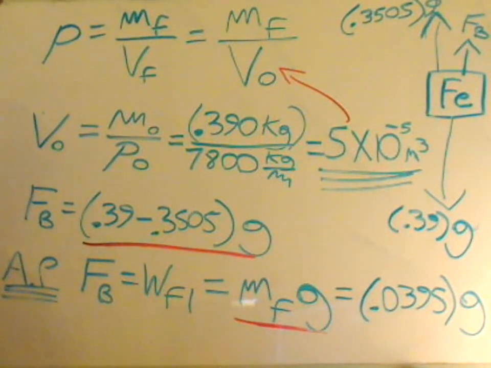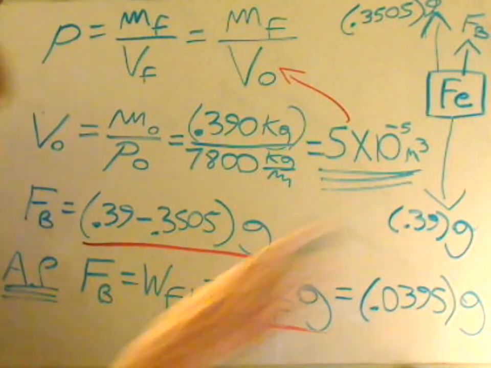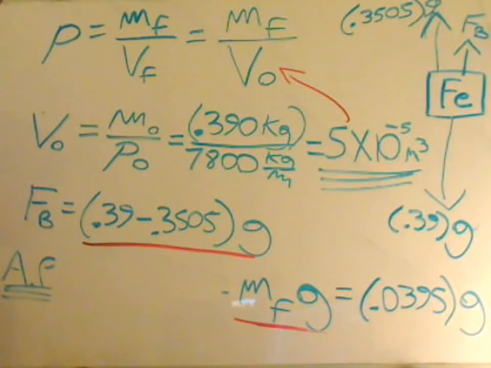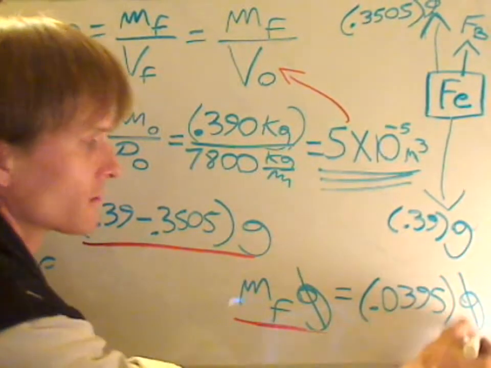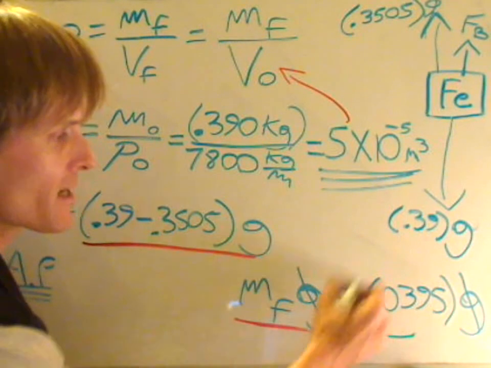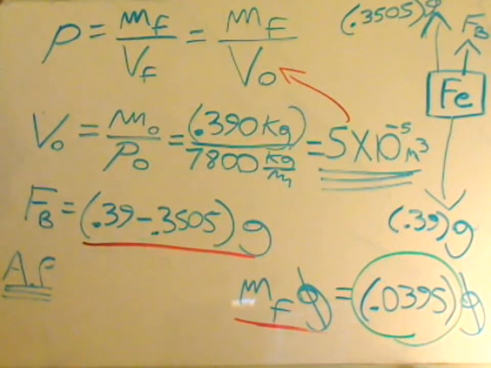Okay? And I'm going to erase some of this stuff over here. The g's cancel. And therefore, there is our mass of fluid displaced, this number right here, 0.0395 kilograms. Okay? So now we have all the things we need to calculate the density.